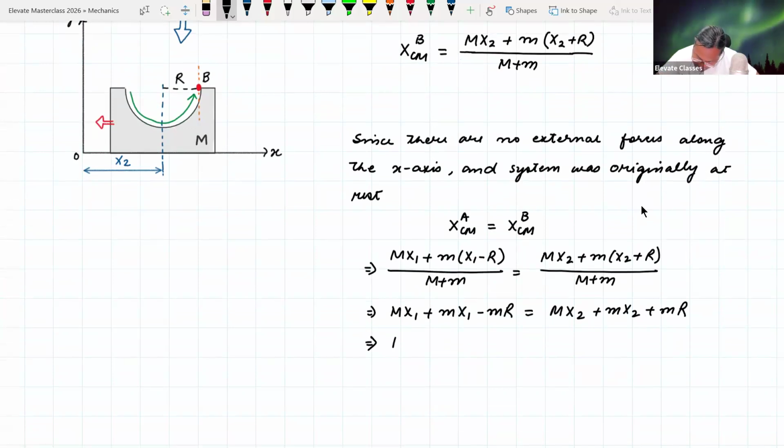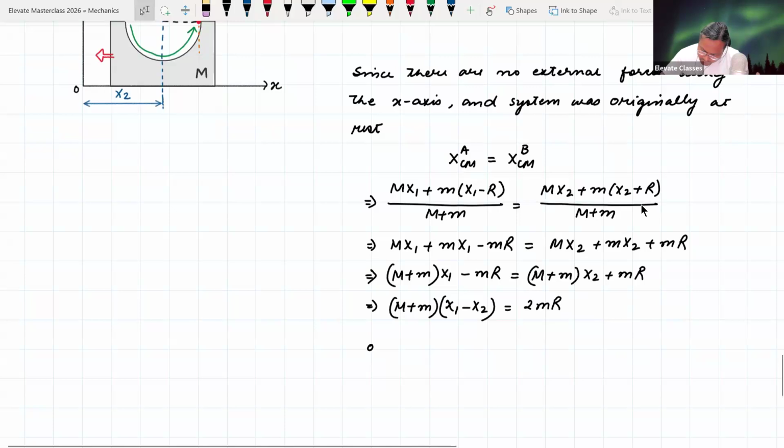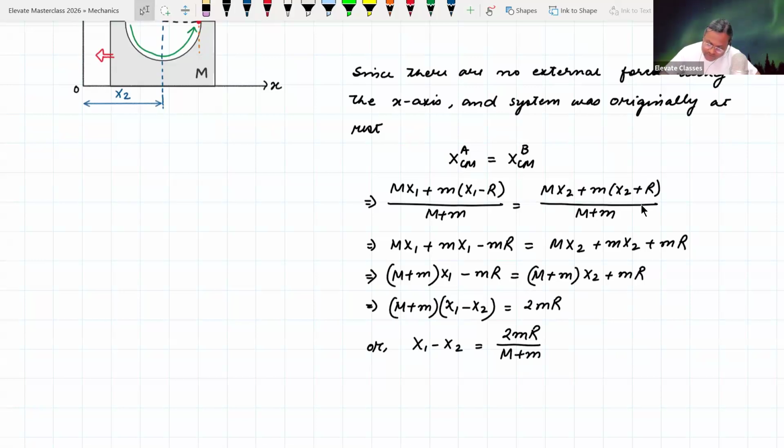So ये बन जाएगा capital M plus small m times x1 minus x2 is equal to 2 small m r, and therefore finally we have x1 minus x2 is equal to 2 small m r upon capital M plus small m. That's it.